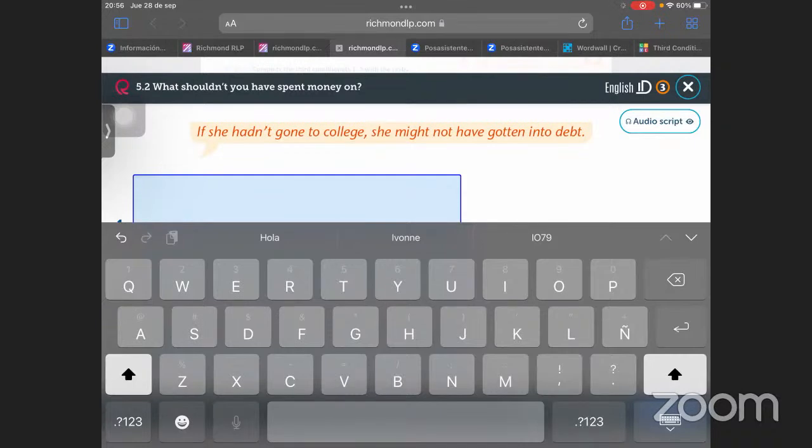Okay, good. One more. If I had eaten more healthy, I wouldn't have worried about my weight. Okay, I wouldn't have worried. Yeah, that's okay. Very good.